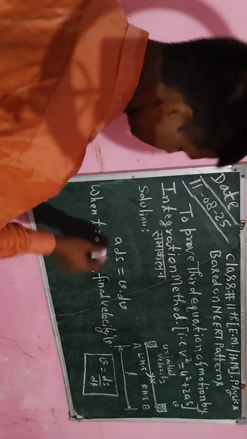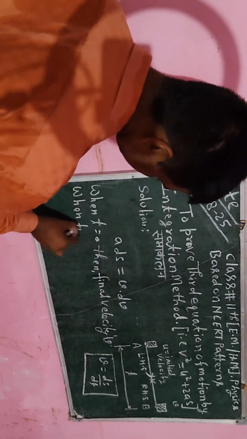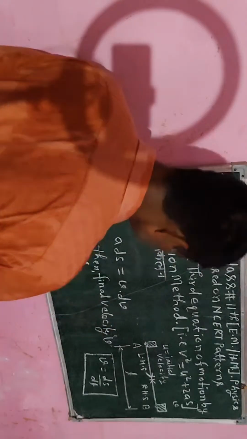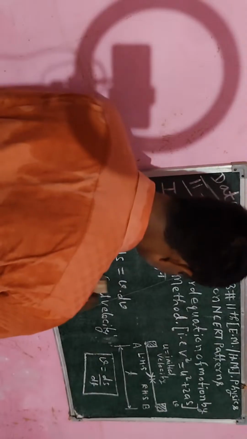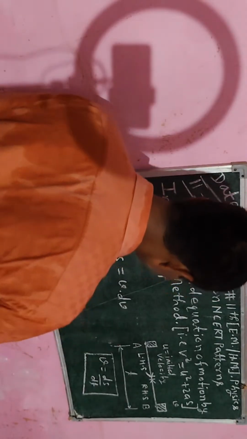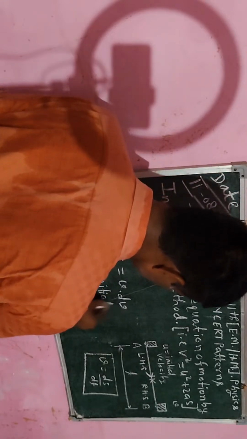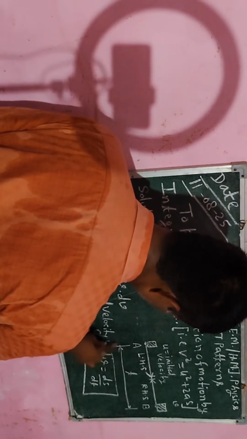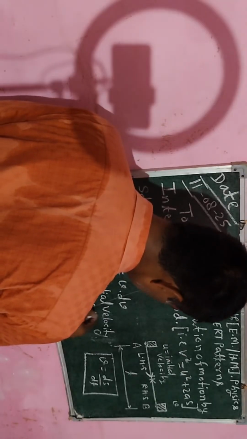Again I will write: when time is 0, the initial velocity will be u.